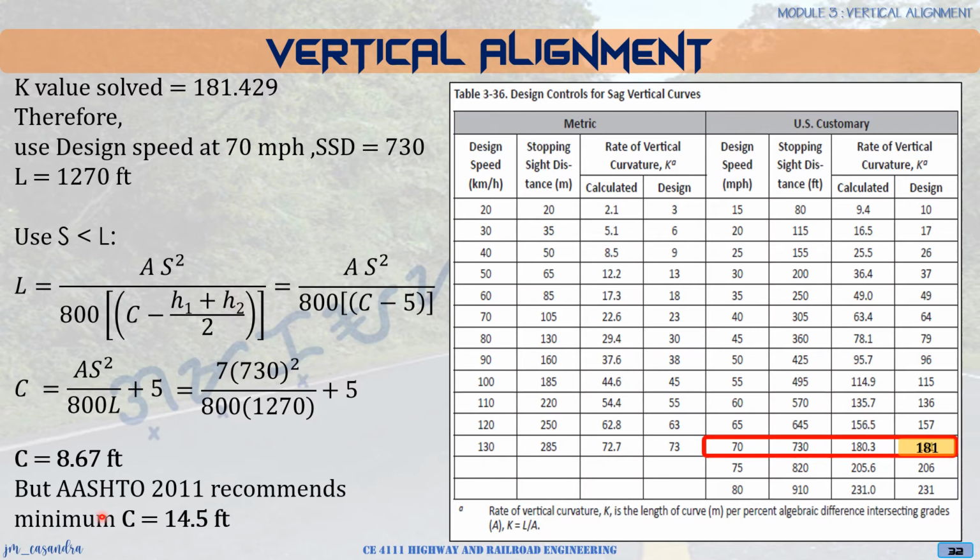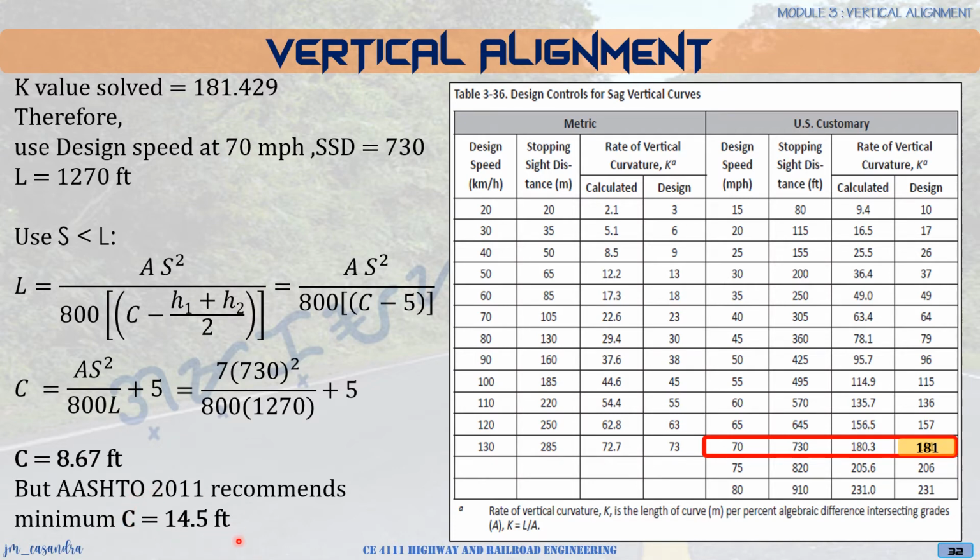But according to AASHTO 2011, the recommended minimum clearance for undercrossings is at 14.5 feet. So therefore, instead of using the computed value of C, we use the minimum value recommended.